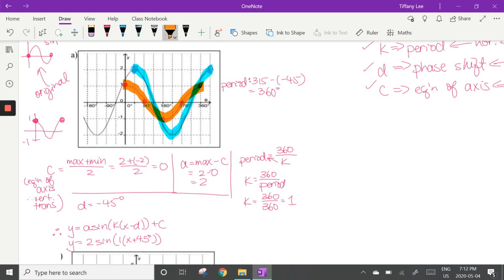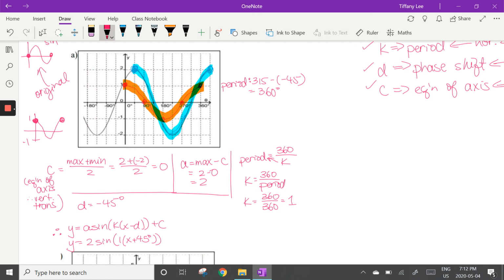Okay, so by looking at it, right, we can already see that it has been moved to the right. It definitely has been vertically stretched. Not quite sure about horizontally stretched or compressed. And we can also see that it has not been moved up or down vertically.